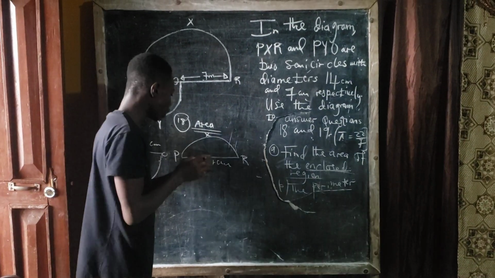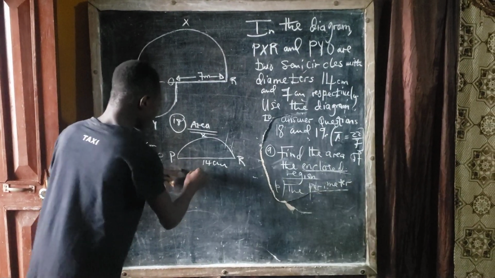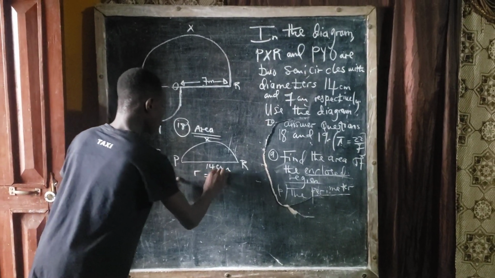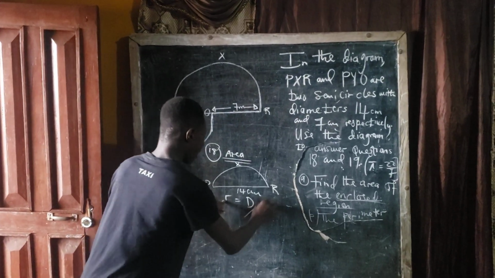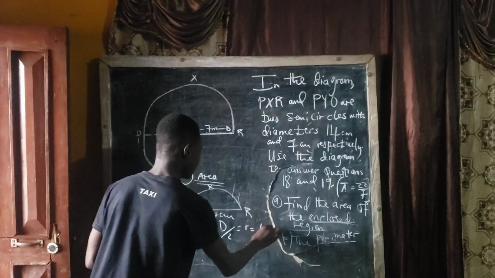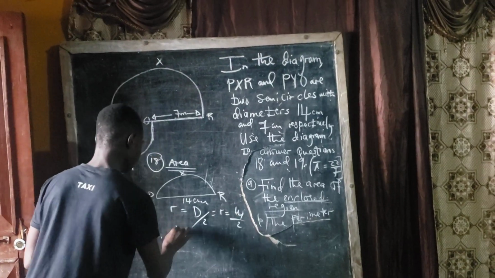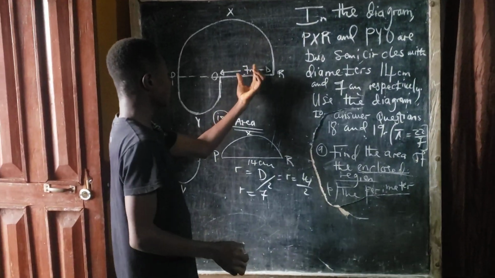To find the radius, we need to divide the diameter by 2. So radius R is equal to D divided by 2, where D is the diameter. 14 divided by 2 is 7. So our radius is 7 cm.